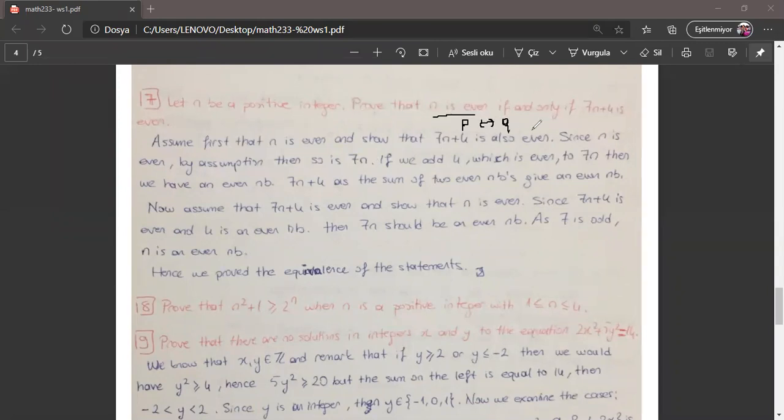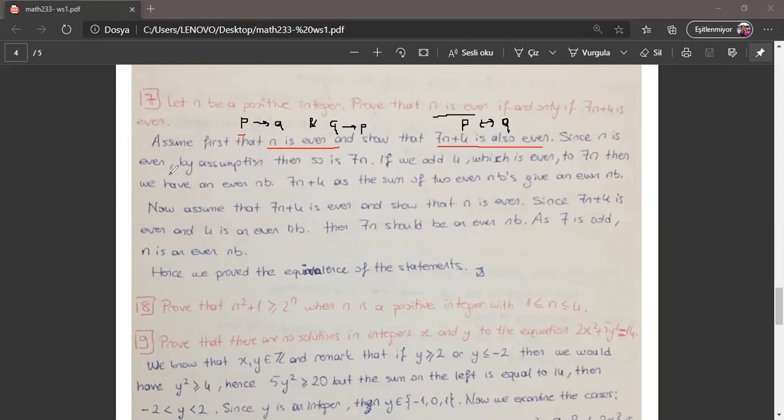Now, how do we show such statements? We need to show this. First, we assume P and show Q, and also then we assume Q and show P. So here in the first paragraph, I assumed that n is even. I assumed P here, n is even, and we will show Q, which is 7n plus 4 is also even.